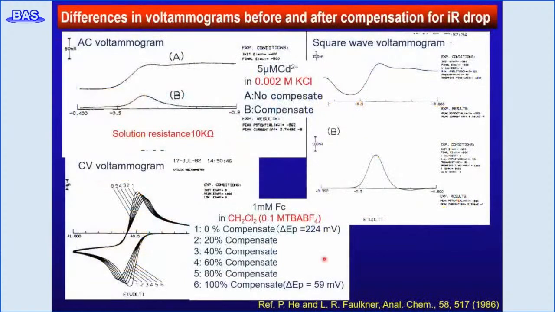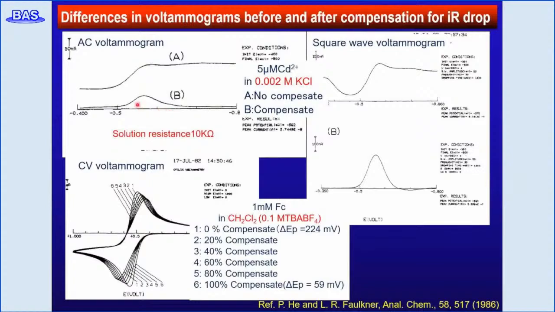Here are actual reported changes in voltammetry before and after IR compensation. The first example is the AC and square wave voltammetry of cadmium 2+ reduction. Without compensation, the peak is not visible, but after the compensation, the peak is clearly observed.